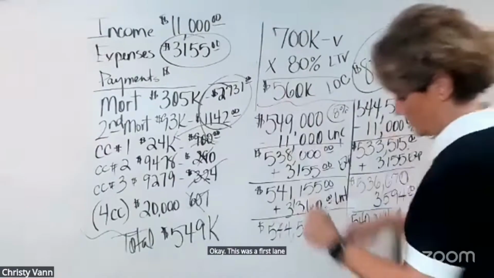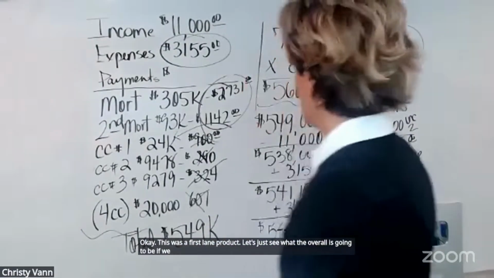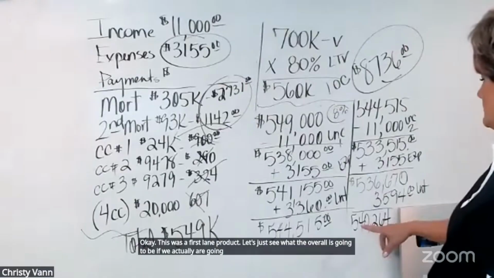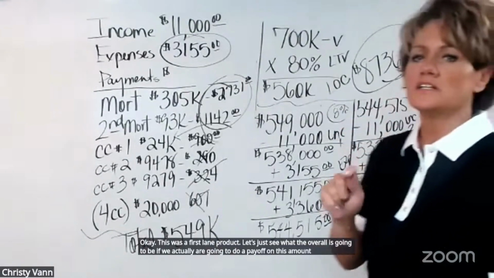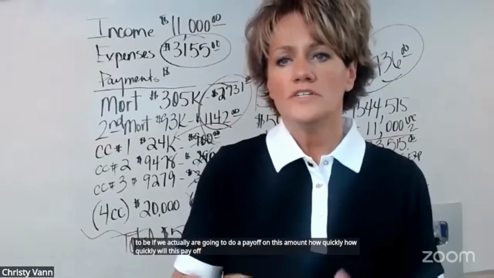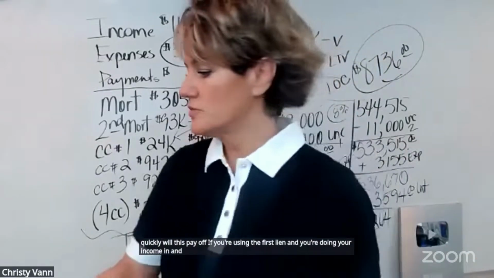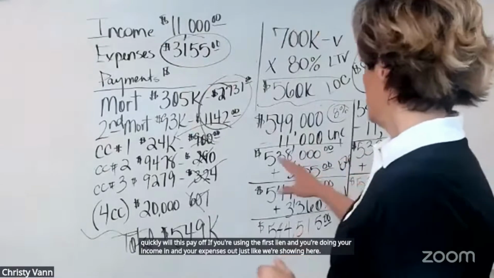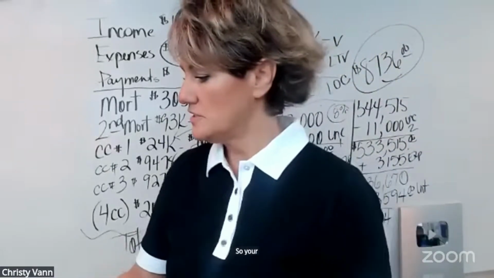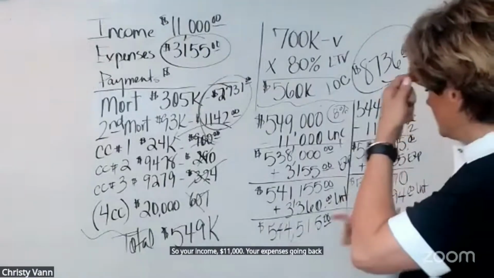Let's just see what the overall is going to be if we actually are going to do a payoff on this amount. How quickly will this pay off if you're using the first lien and you're doing your income in and your expenses out, just like we're showing here? So your income, 11,000, your expenses going back out, and then your average interest.